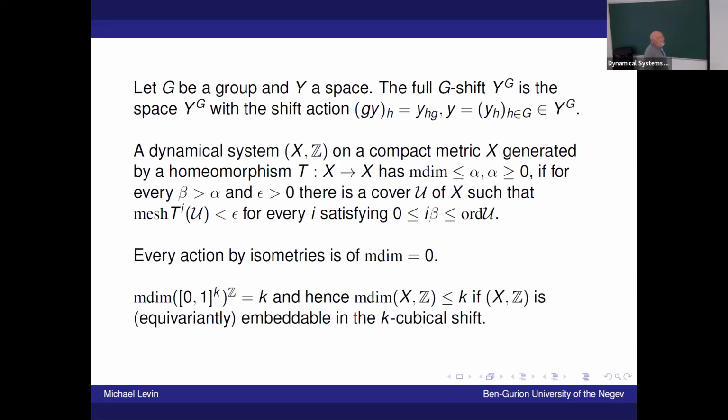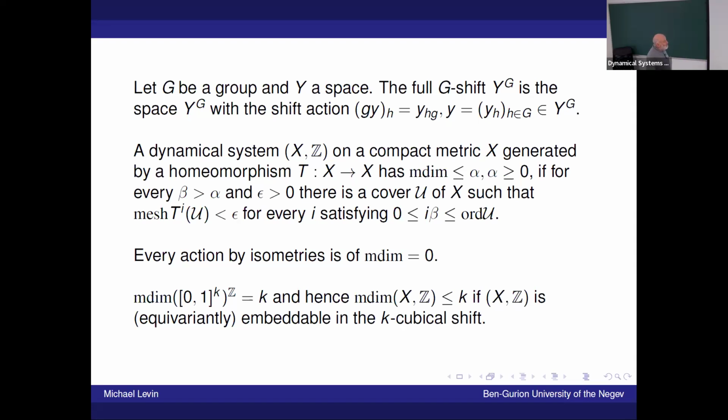Notation. G is a discrete group, and Y is a topological space. Y^G is the space with the product topology, with the shift of the coordinates.